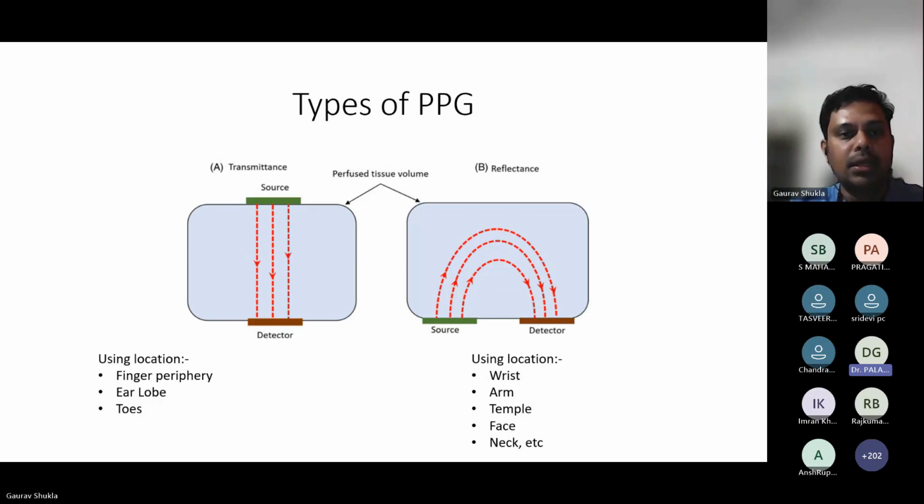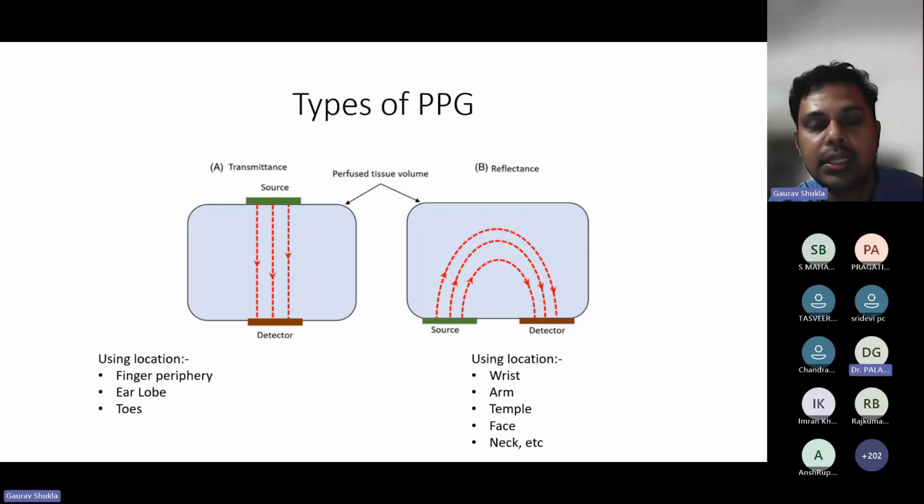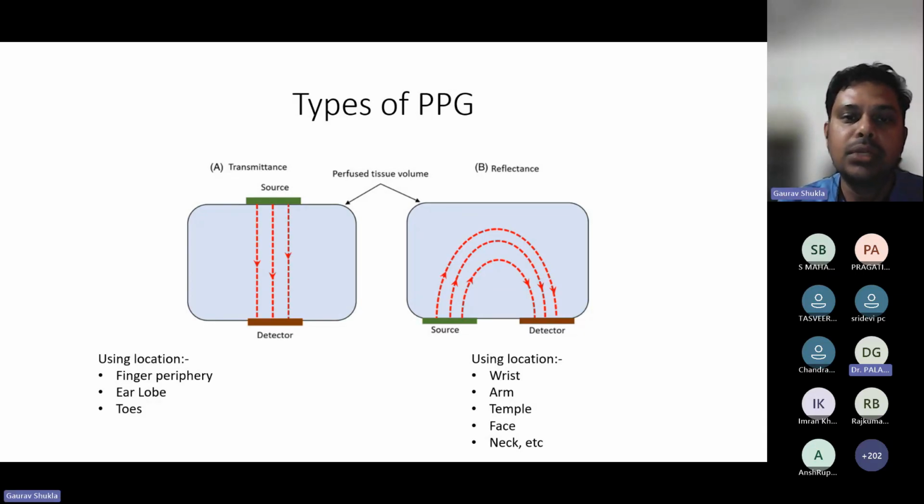The transmittance type is the method in which the source, which is the LED, will be at one side of the exposed organ or region, and the detector, which is a photodiode or photodetector, will be on the other side. The light from the source passes through the exposed region and gets detected in the photodetector.